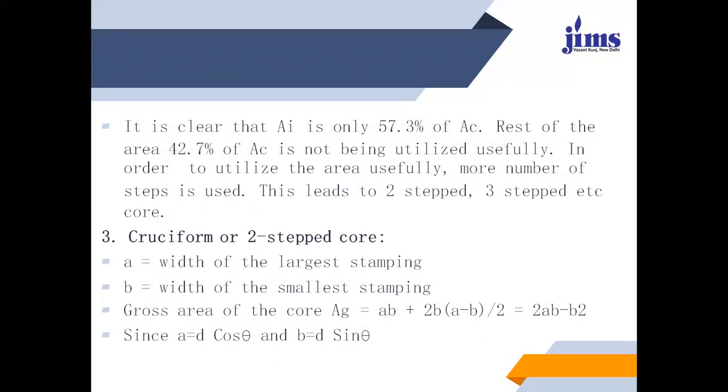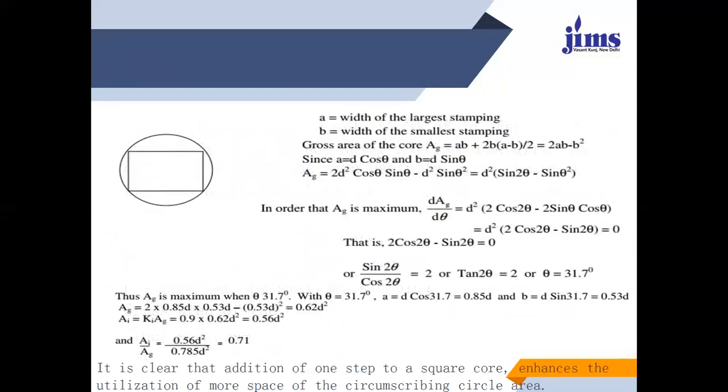Since A equals D cos theta and B equals D sin theta, for Ag to be maximum we differentiate it with respect to theta. We get tan 2 theta equal to 2, so theta will be 31.7 degrees for the maximum condition.